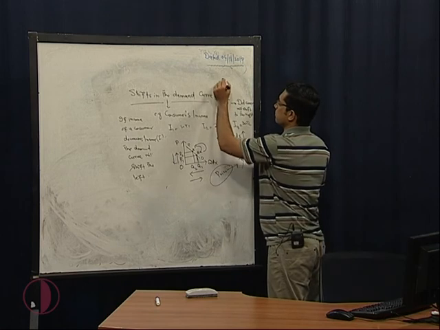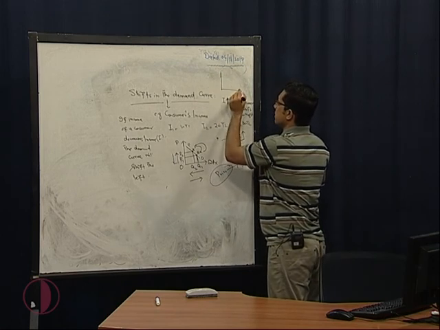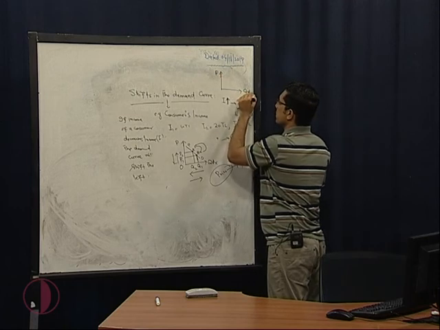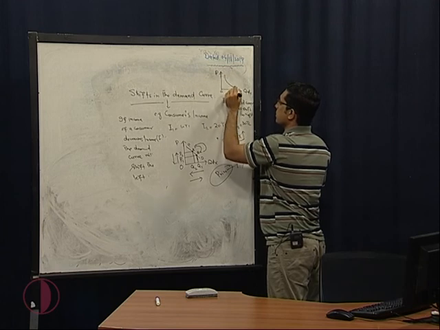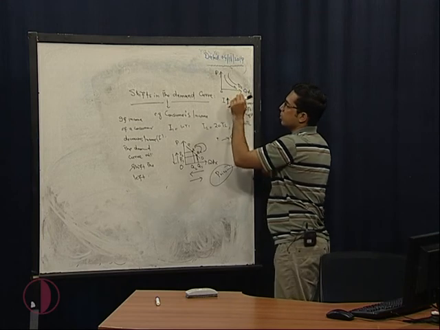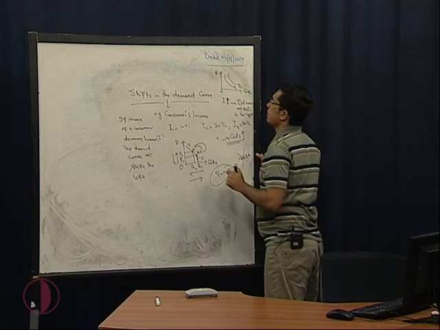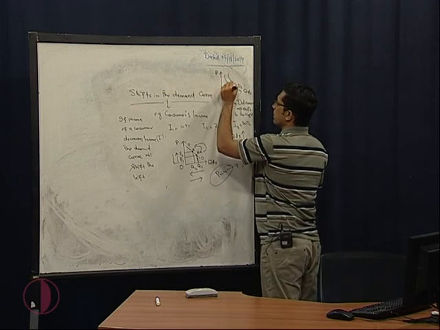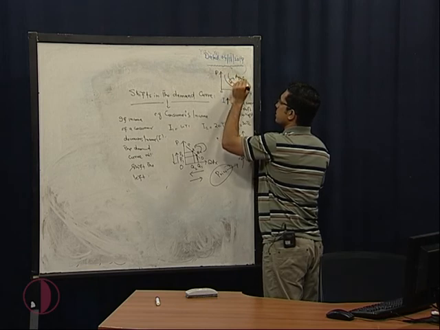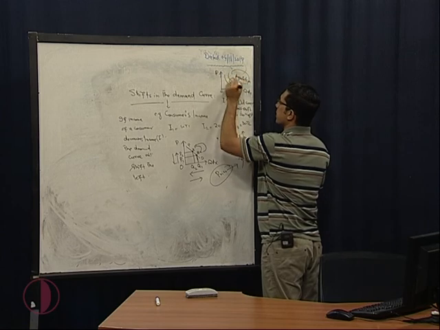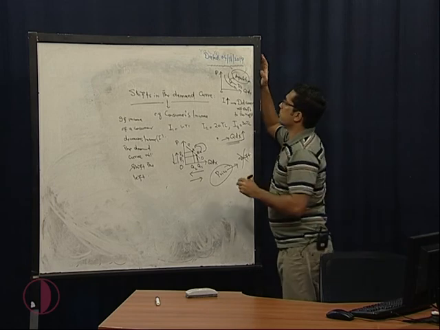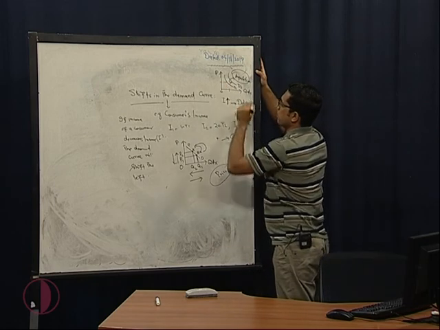For example, in case of population, this is price, this is quantity demanded of X. This was D1, this is D2. This is the original demand and this is the new demand curve, and this increase is due to the population increase, because now more people are demanding more units of the commodity at a particular price.